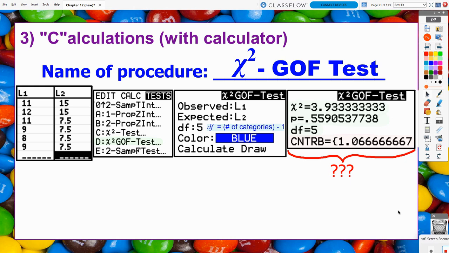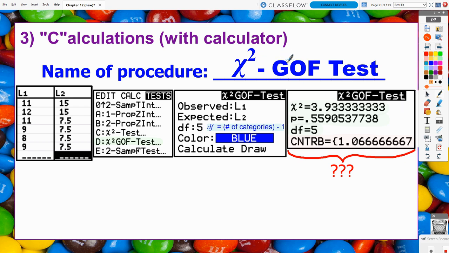All right, so what does this look like with our calculator? Please tell me there is a calculator command for this. Yes, there is. And just like previously, we have to name the procedure appropriately. We have to call it a chi-square GOF test. Can I just call it a chi-square test? No, because there are 3 different kinds of chi-square tests, so you have to be specific.